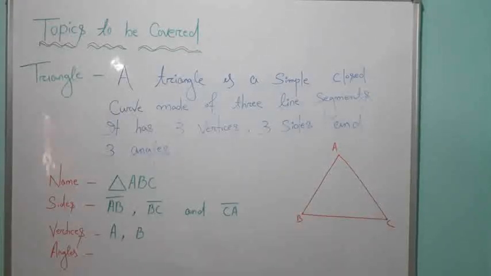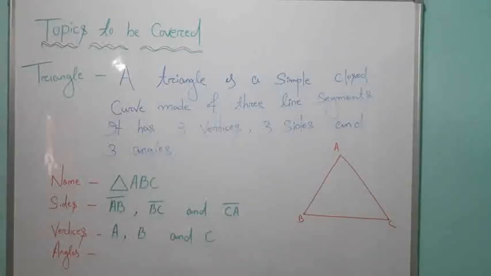B is another vertex of this triangle as AB side and BC side meet with each other at the point B. And finally C is the third vertex of this triangle as AC side and BC side meet with each other at C point. So there are three vertices of this triangle, those are A, B and C. Also there are three sides of this triangle, those are AB, BC and CA. Remember it.